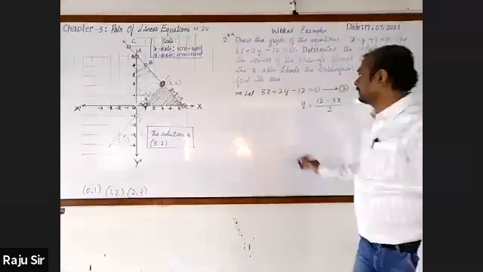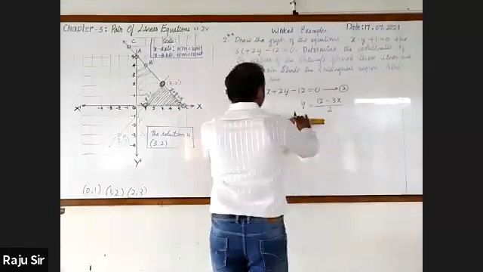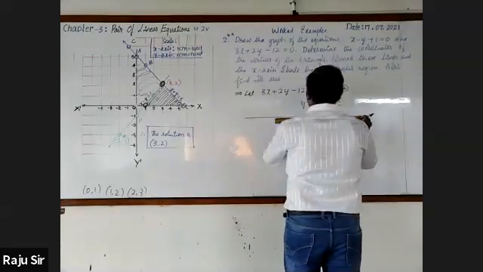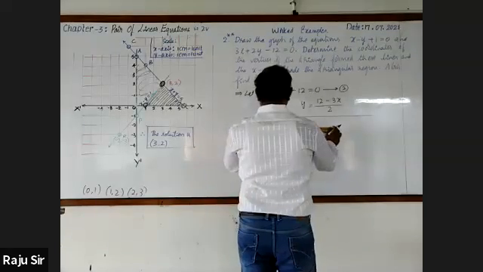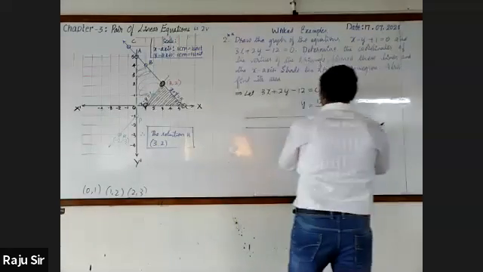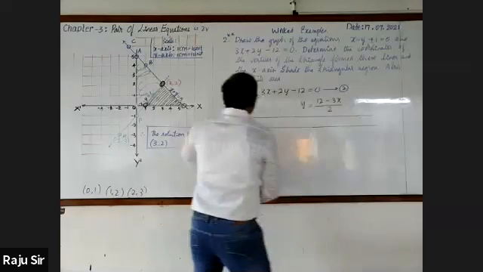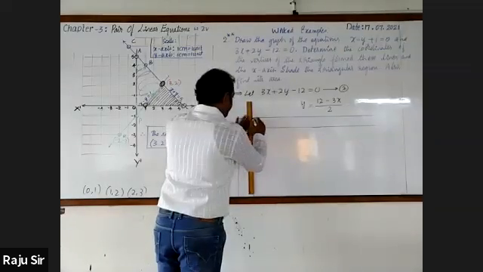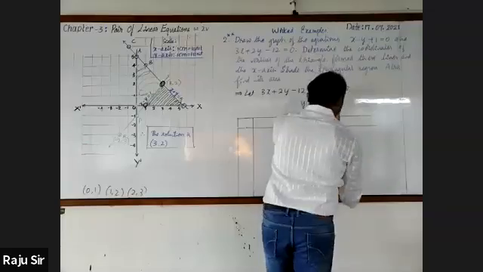Okay. Now prepare the table. Calculation table. As I said, the first column is x. The second column is for the given equation.